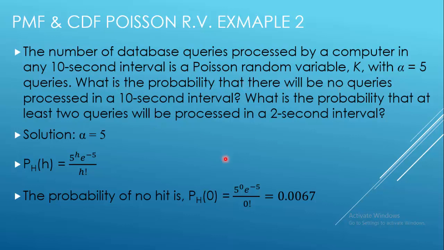In that case, h is equal to 0, so the probability is 0.0067. The probability is very low. When the arrival rate is very high, 5, then to expect that you will have no query at all in a 10-second interval is very unlikely, 0.0067.